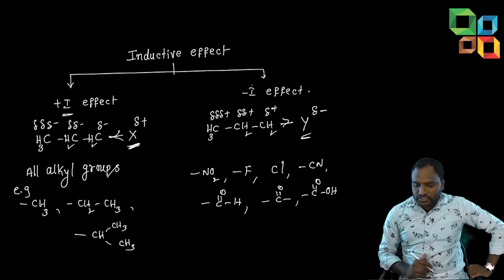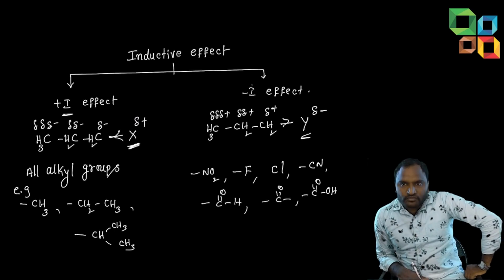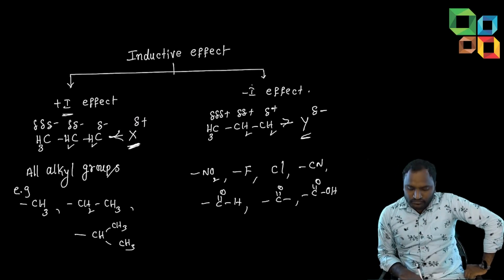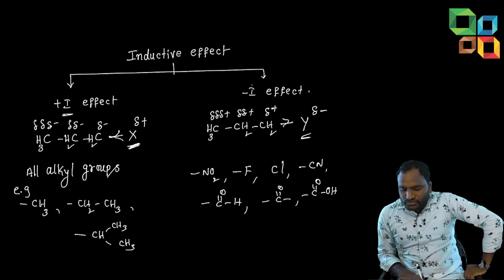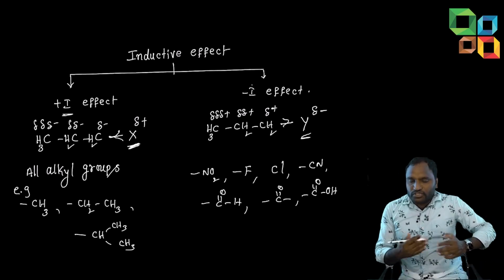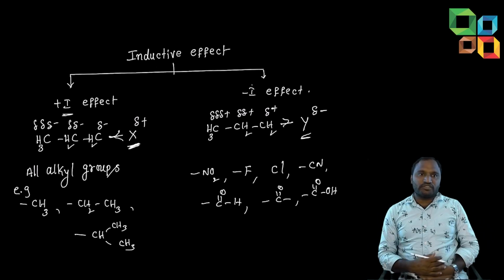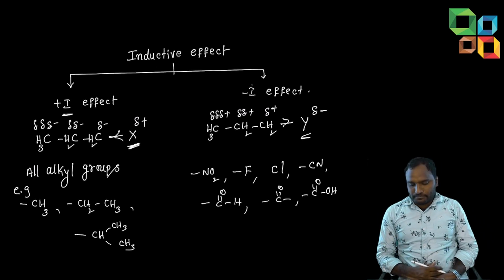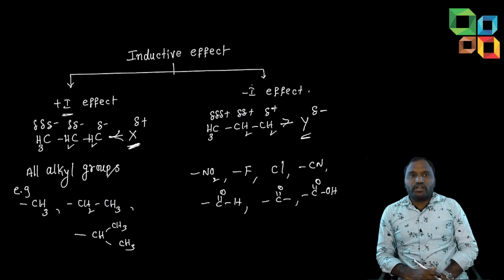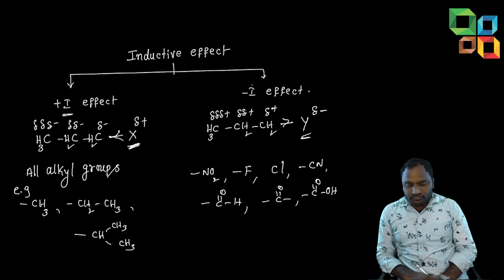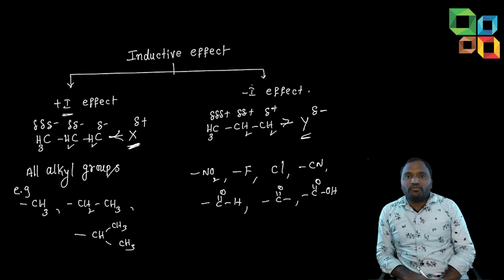For the time being, these groups, all halogens, all carbonyl compounds, nitro compounds, CN compounds, are electron withdrawing groups. Meaning these are taking electrons. One or two applications I will give upon this, students. Afterwards, I will leave you. So first, what I said: inductive effect means displacement of electrons towards the more electronegative atom.